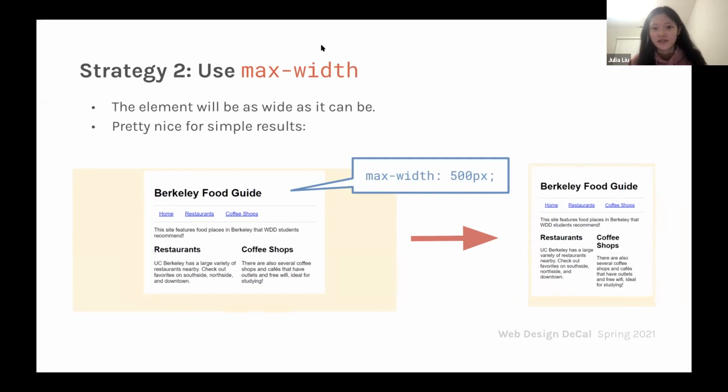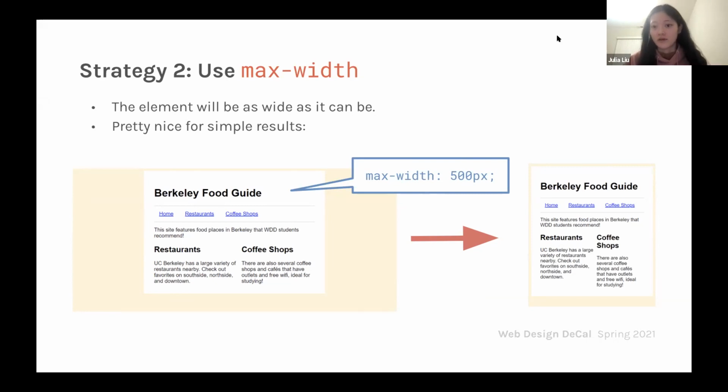So if your screen size is really, really big, it will still only occupy 500 pixels. And if the screen size is small, it won't be bigger than that. So this is easy if you don't expect your content to take up a lot of space on your browser window.